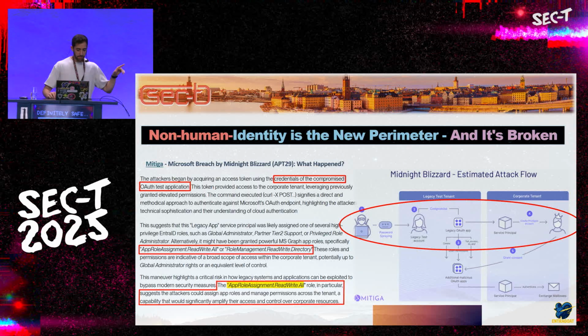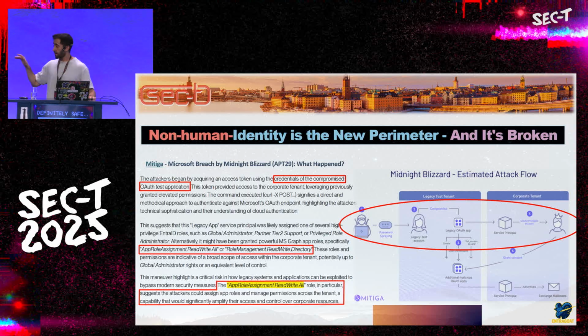And in the report itself, they even mention what Mitiga themselves think that the issue was. And they said, the app role assignment read-write-all role in particular suggests the attacker could assign app role and manage permission across the tenant, a capability that would significantly amplify their access to the control over corporate resources.